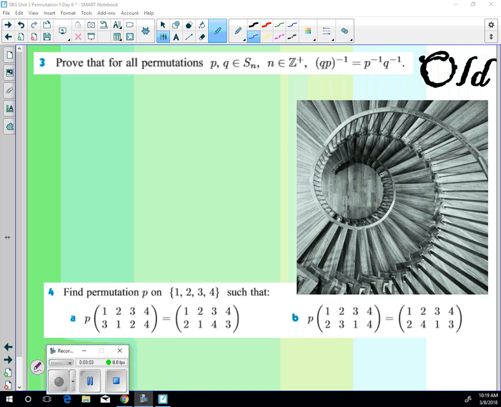So for 3, we're going to prove that for all permutations, QP inverse equals P inverse Q inverse. So what they did first is they started with QP star, and then this would be P inverse Q inverse. What should that be equal to?